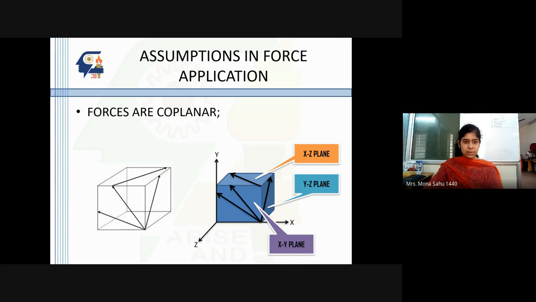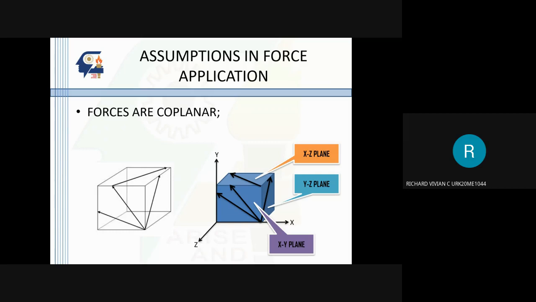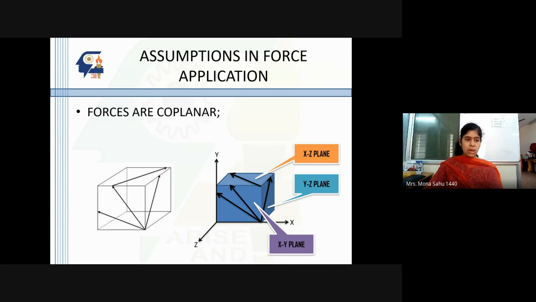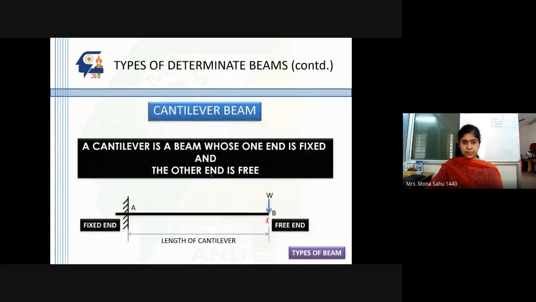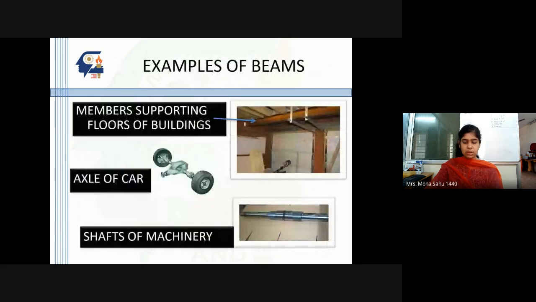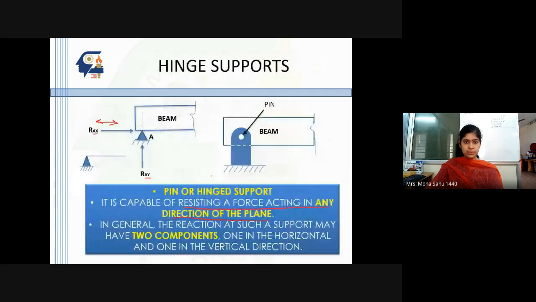Can someone tell me what are the different types of supports we learned? Roller support, fixed support and hinge support. I think you can take a screenshot and write it down in your notes, and I will be sharing the PPT anyway.